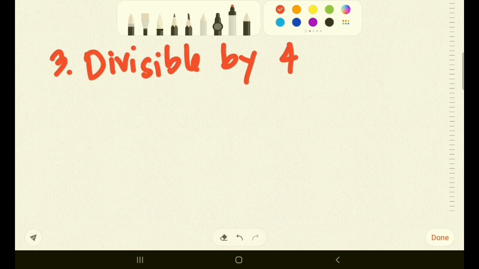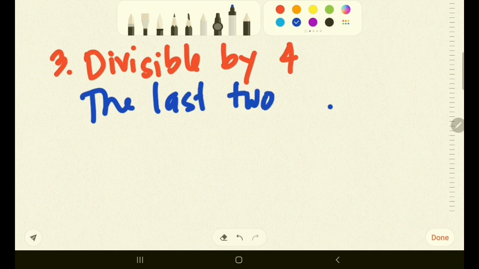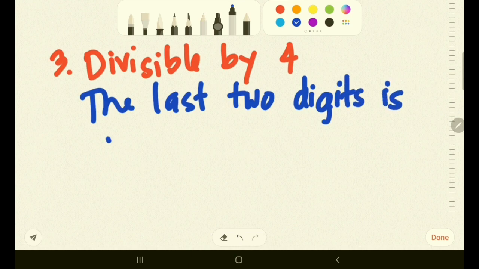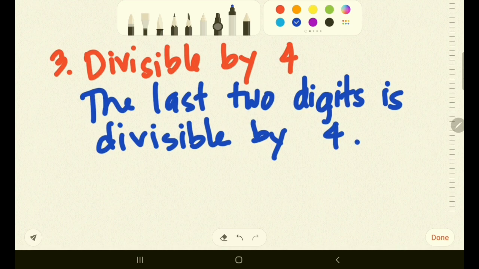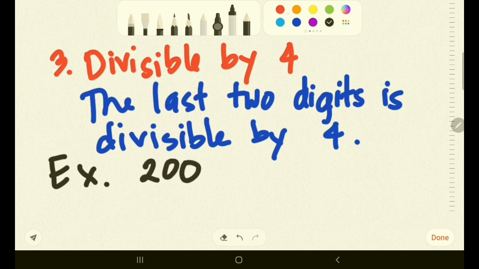The last 2 digits here are 2 zeros. Of course, 0 is divisible by 4. So definitely 200 is divisible by 4.